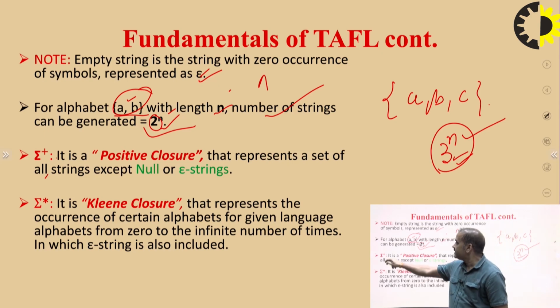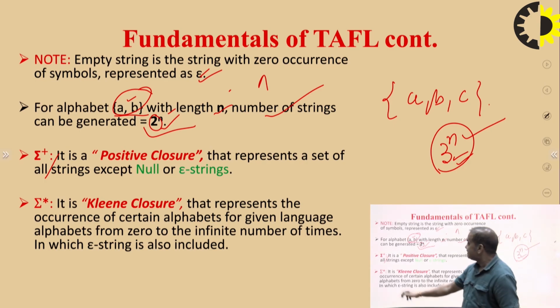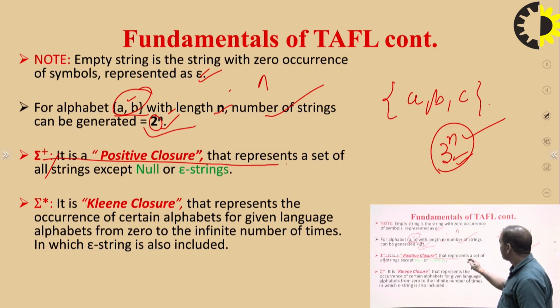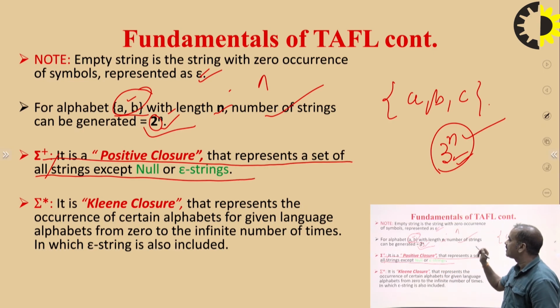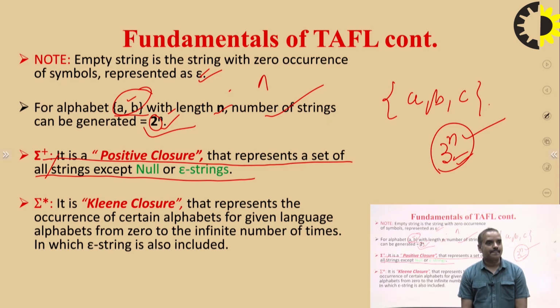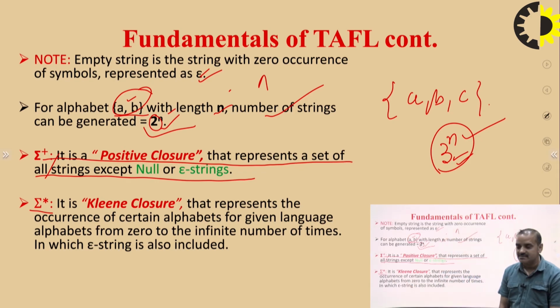Now the next point is sigma plus. This is called positive closure. This represents the set of all strings except the null string. Sigma is called the set of input symbols. But sigma plus and sigma star are two different things.